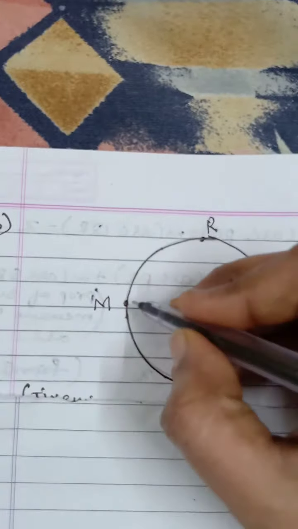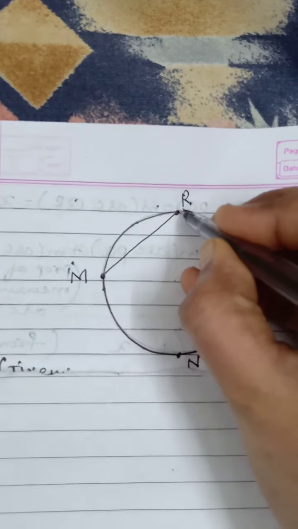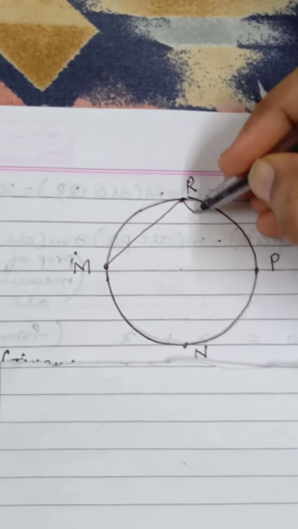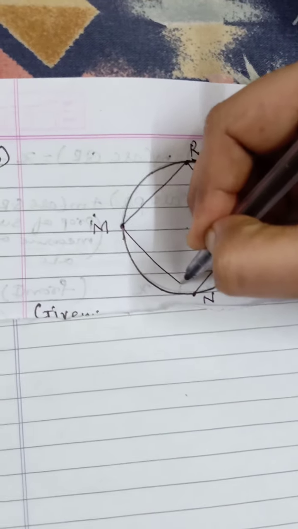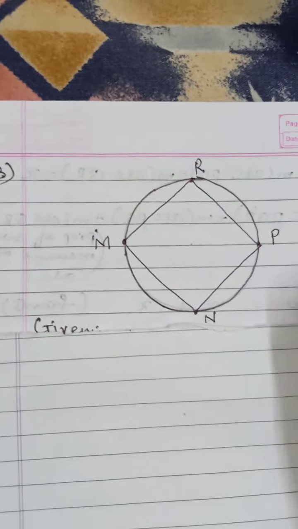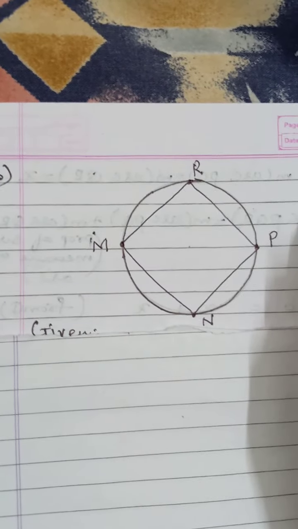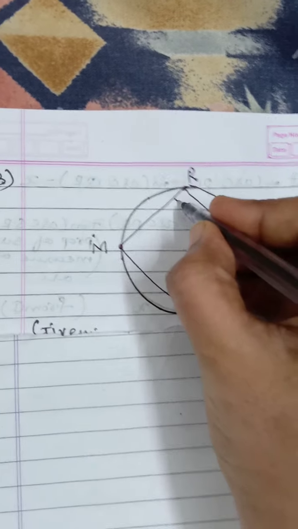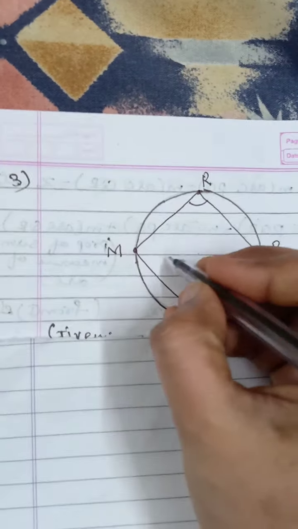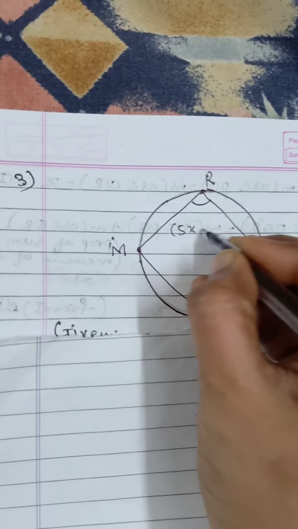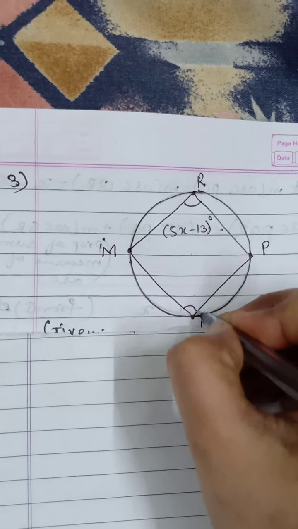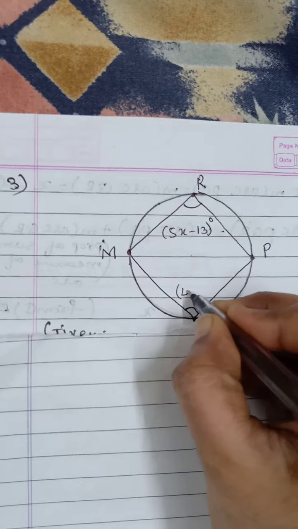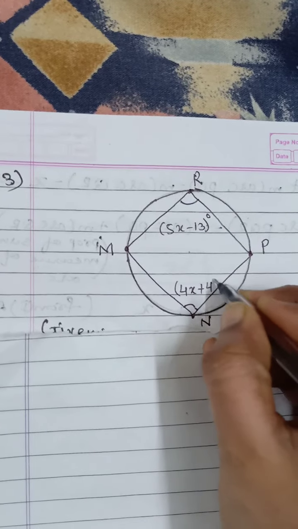First of all I will join all these 4 points, so it becomes a quadrilateral. I have joined all the 4 points, and all 4 points are on the same circle, so it is a cyclic quadrilateral. Now this angle is given as 5x minus 13 degrees and angle N is given as 4x plus 4 degrees.